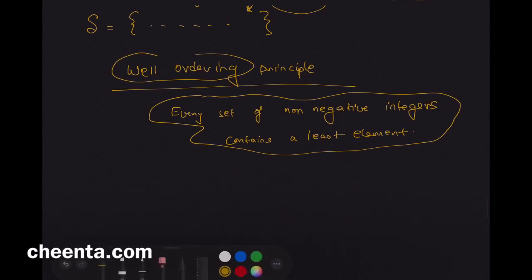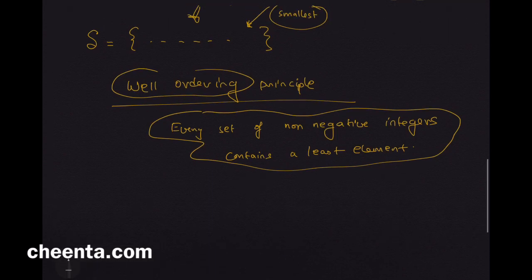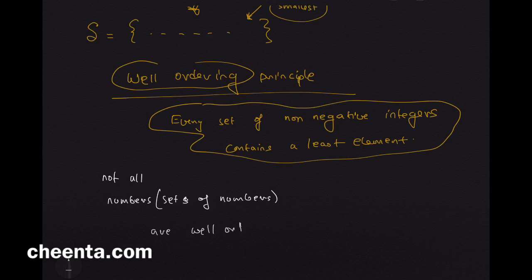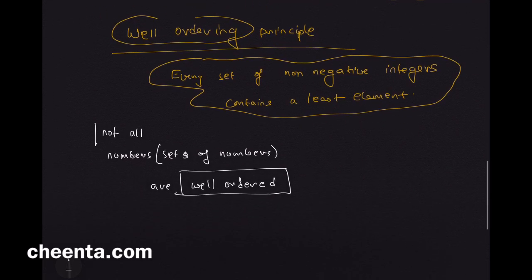But just to point out at this step of the problem, not all sets of numbers are well ordered. Any set which has this property, that it has a least element, is known as well ordered. Now, not all sets of numbers are well ordered. I'll give you an example.